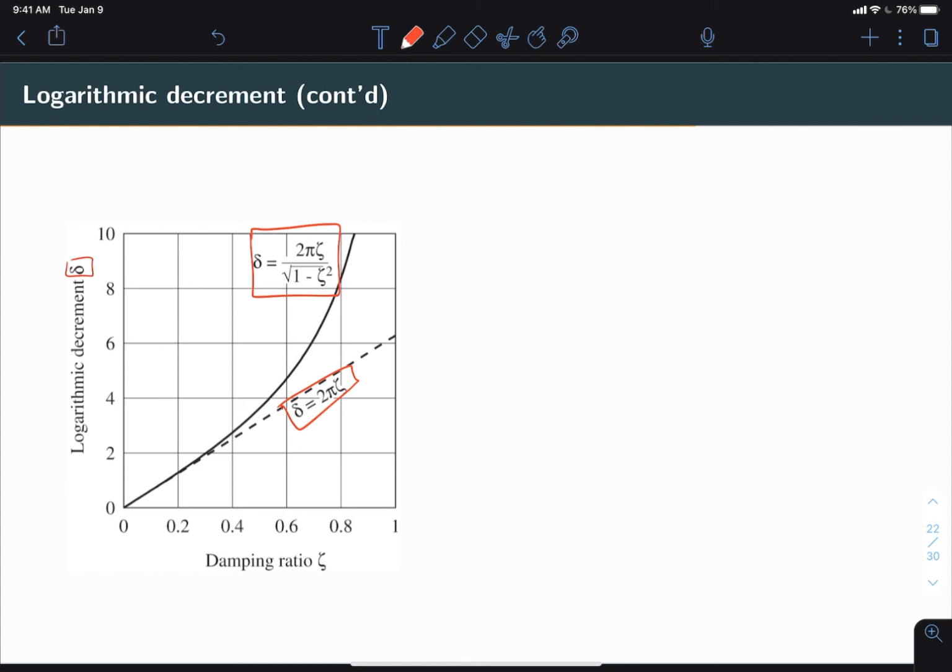So you can see that right up to about 0.2, both are roughly linear. And then the true delta diverges from the approximation. So as long as damping is low, we can use that direct relationship between delta and zeta.